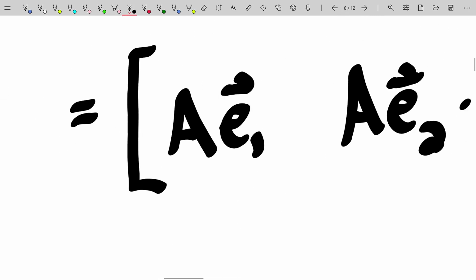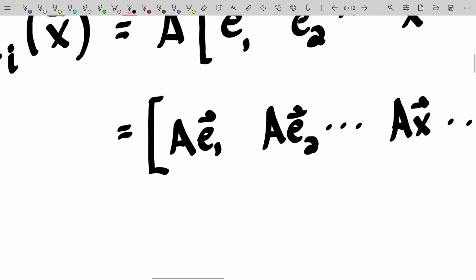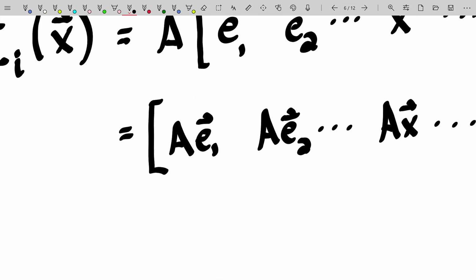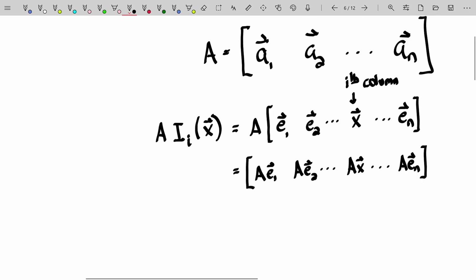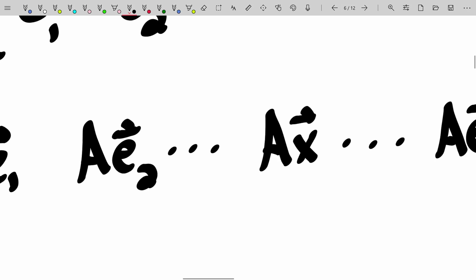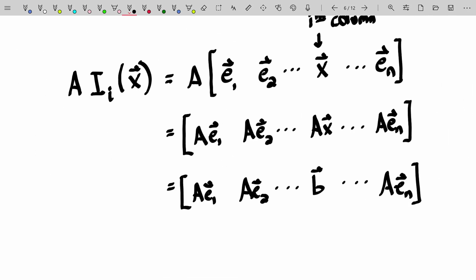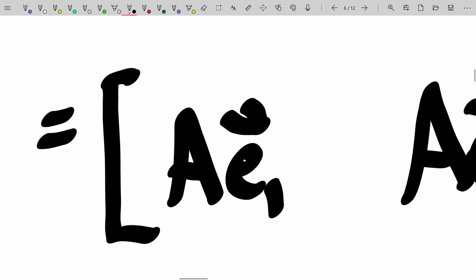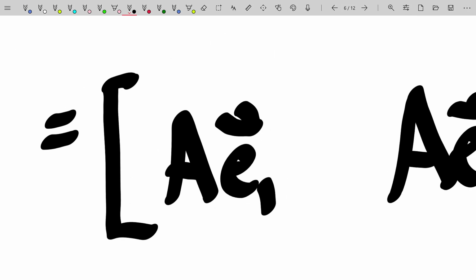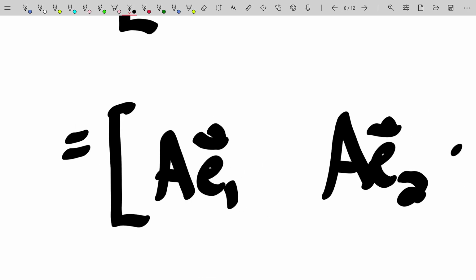Those are all column vectors. A e sub 1 is a column vector, A e sub 2 is a column vector, and so on down the line. But one thing that we know is that we're solving Ax equals b. So A times x should be the vector b. Recall, e sub 1 is the column vector 1, 0, 0, 0, and e sub 2 is the column vector 0, 1, 0, 0, and so on.